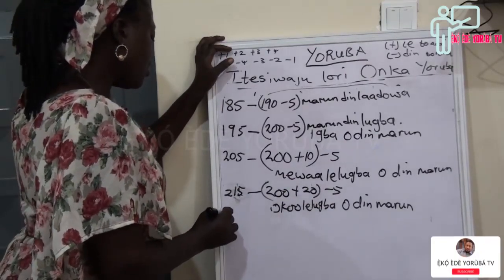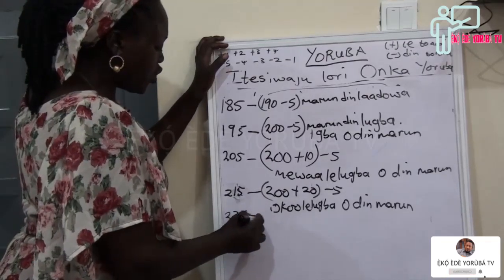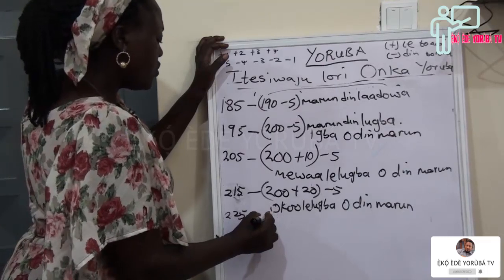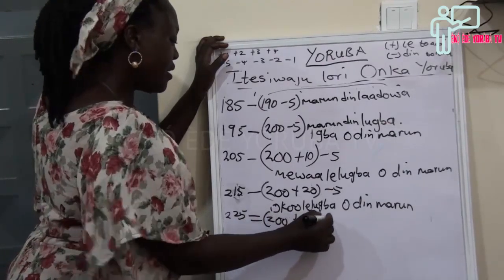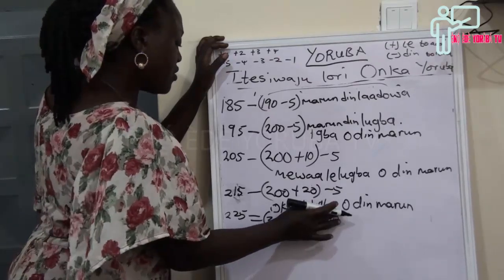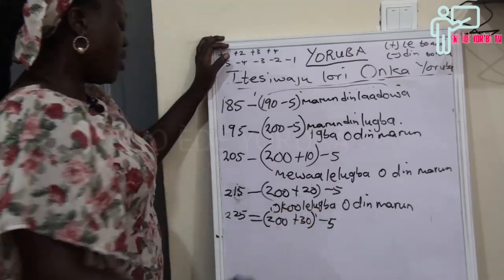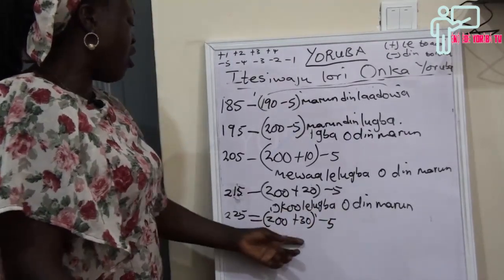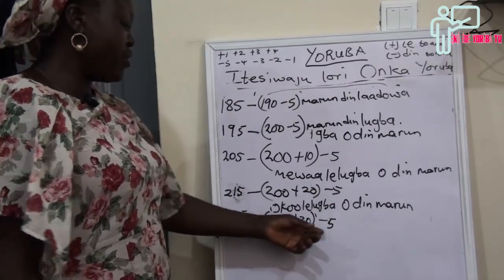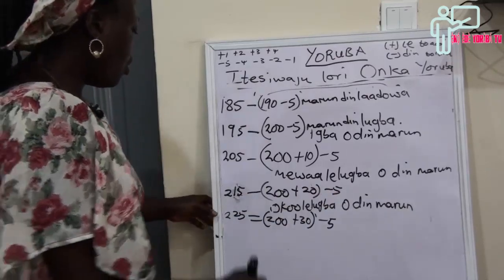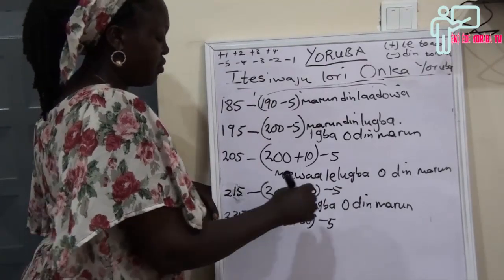And we also have 225. And the 225 will also be 200 plus 30 minus 5. So we cannot say ọgbọ̀n ó lé lúgba. You say ọgbọ̀n ó lé lúgba ó dín márùn-ún.